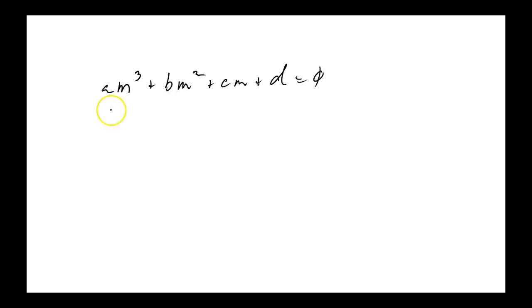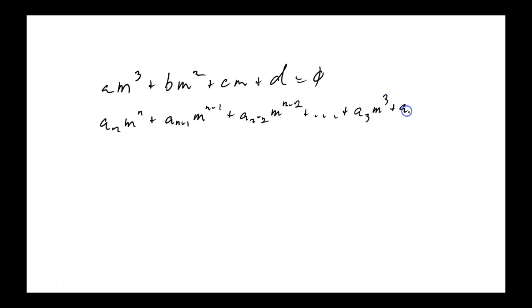So that one would be a sub n, m to the n, plus a sub n minus 1, m to the n minus 1, plus a sub n minus 2, m to the n minus 2, plus dot, dot, dot, plus a sub 3, m cubed, plus a sub 2, m squared, plus a sub 1, m, plus a sub 0 equal to 0.